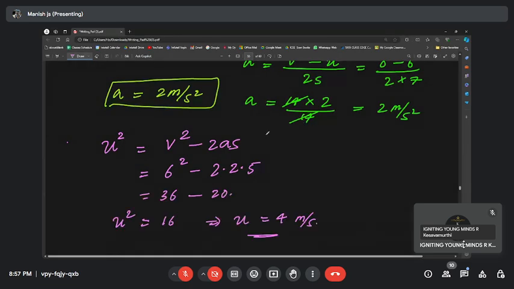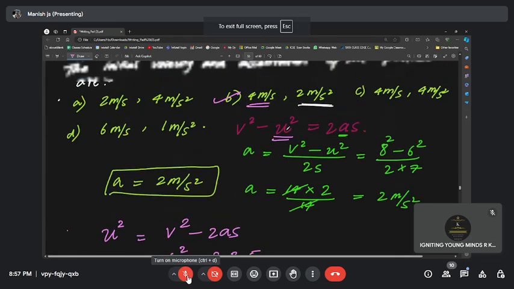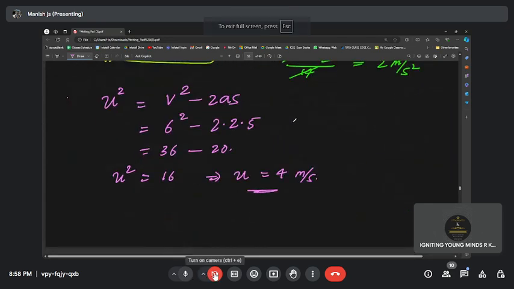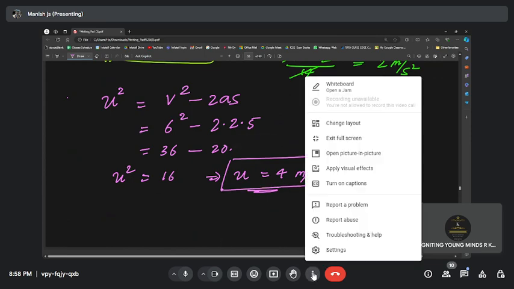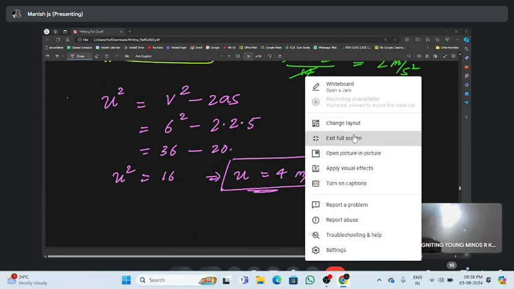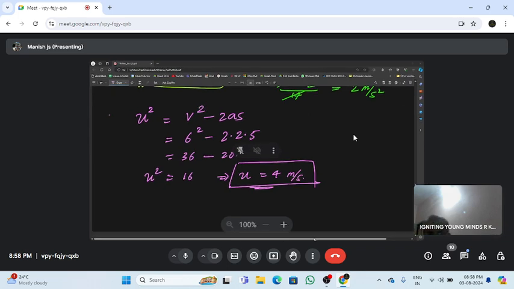So like that you will use the third equation, and then you will solve it step by step. Then we found out the acceleration and the initial velocity. Fine. So that's how you need to do it, children. It might seem simple, but this requires practice. So ensure that you practice the same questions and get the answers, so that your confidence level will boost, and then you can try different types of questions.